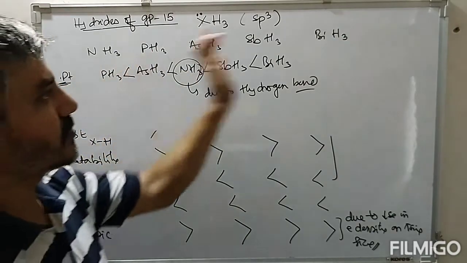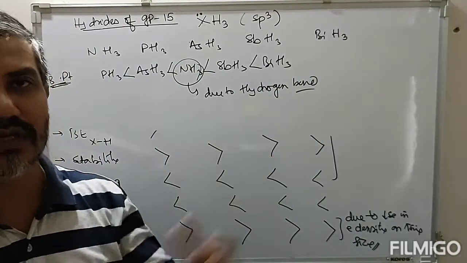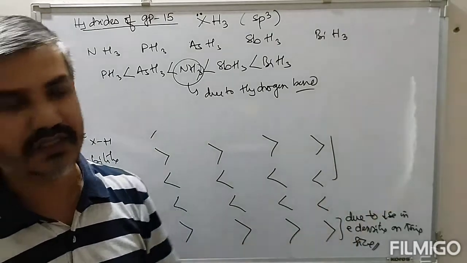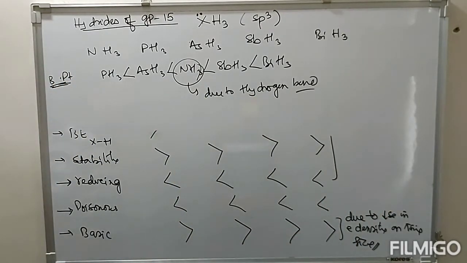Moving from phosphine to bismuthine, size increases, intermolecular attractive force increases, so the boiling point and melting point will increase. The exceptional value is for ammonia due to hydrogen bonding.